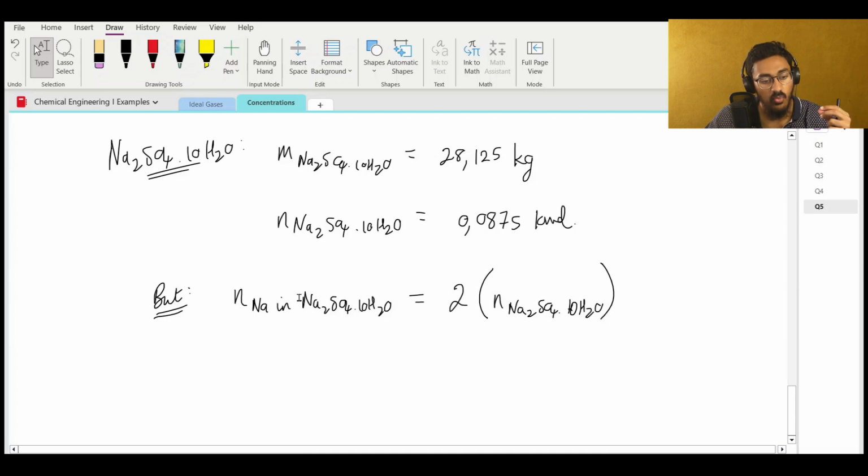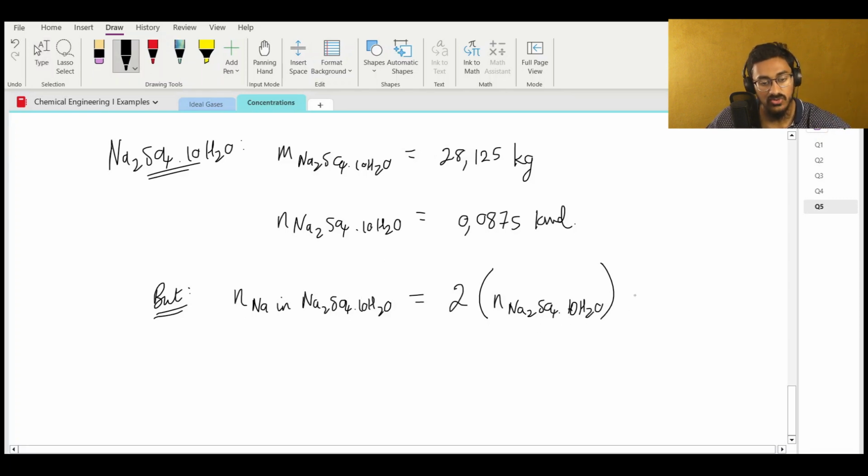Remember, for every 1 mole of this crystal, I need to have 2 moles of Na ions sitting around. And those 2 moles of Na ions are going to all combine with the sulfate and the water and make 1 mole worth of crystal. So the number of moles of sodium in this crystal is 2 times however many crystals there are.